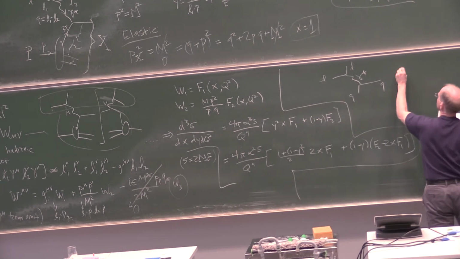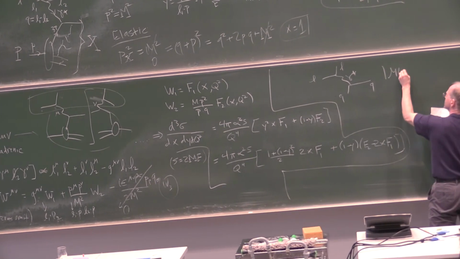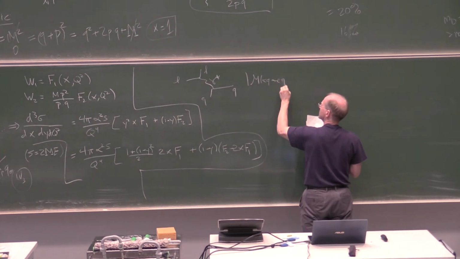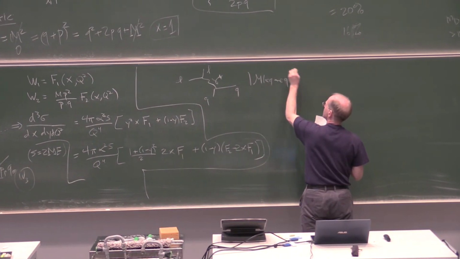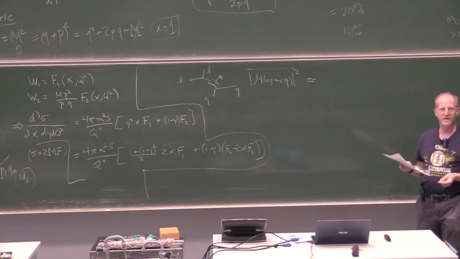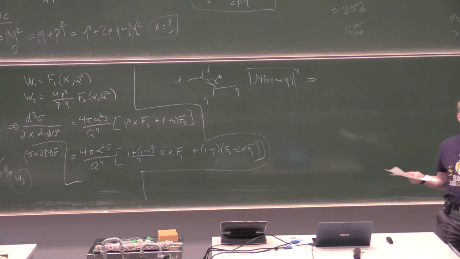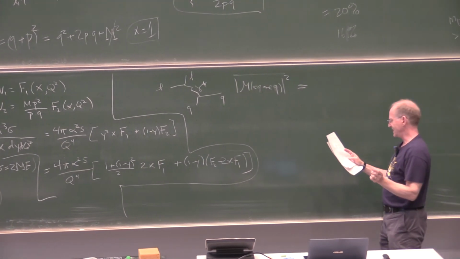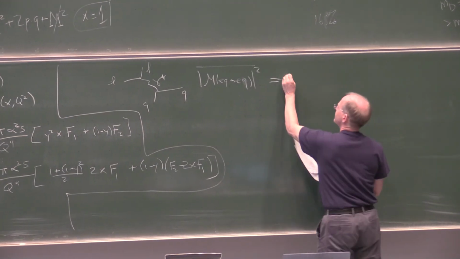And so that matrix element squared. Now, by Friday, you will have evaluated all tree amplitudes in all gauge theories in your Mathematica notebook. But just trust me for now.